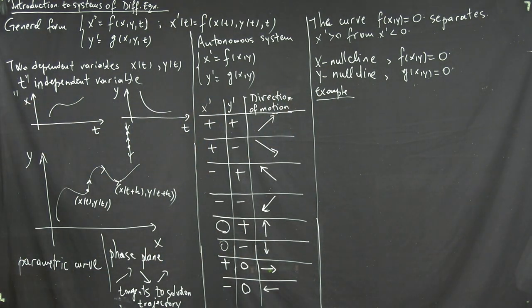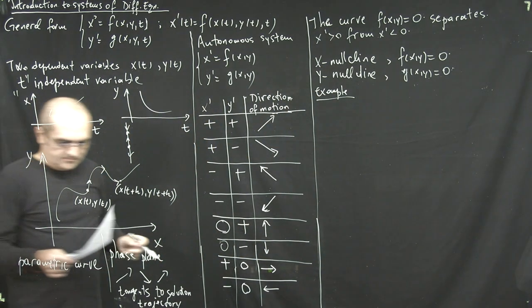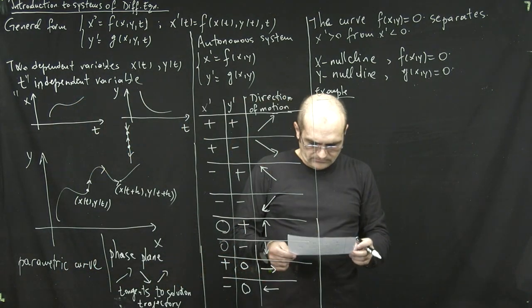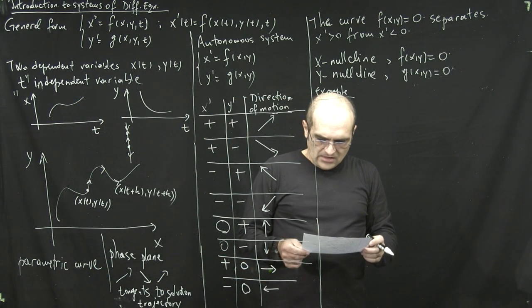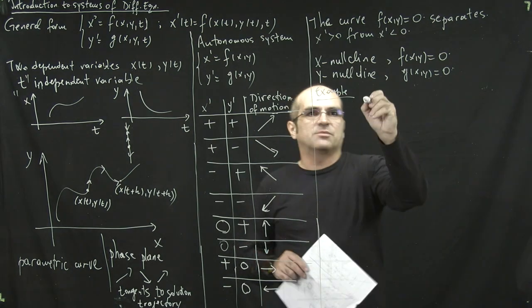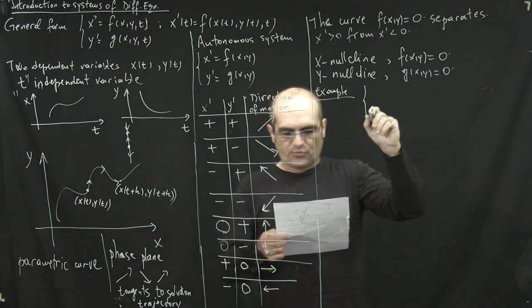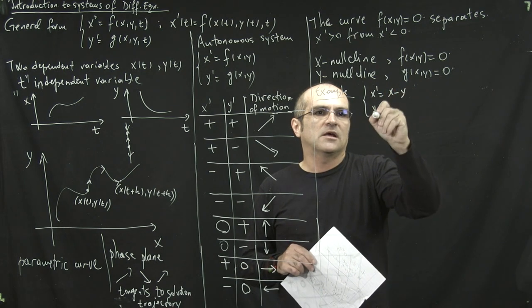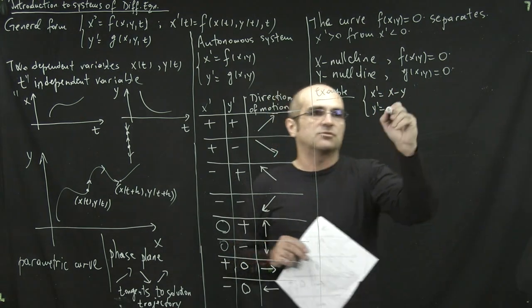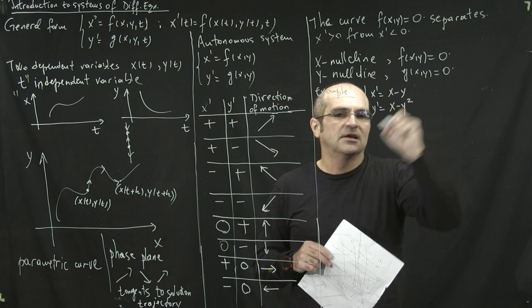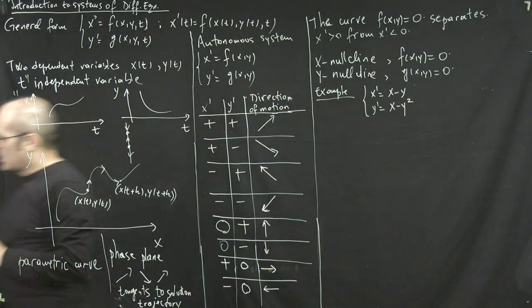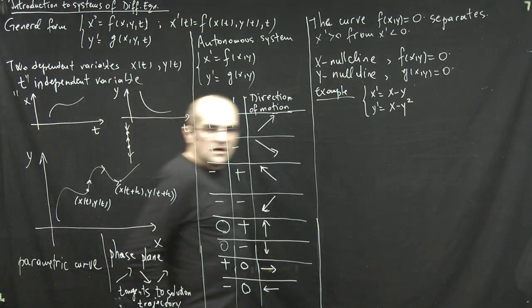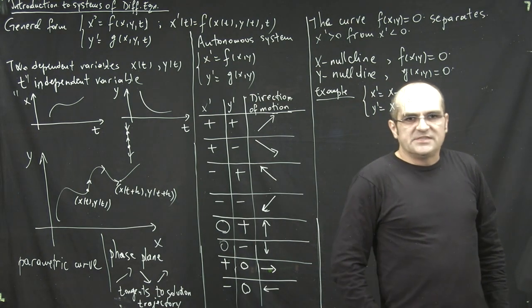So let's start with this one. x prime equals x minus y, and y prime equals x minus y squared. I make it so that the nullclines have an easy to recognize shape, right?